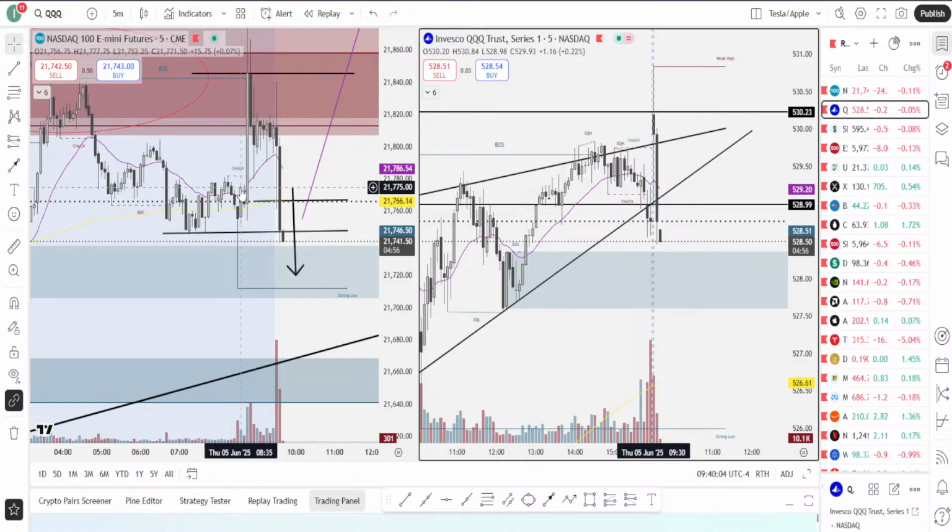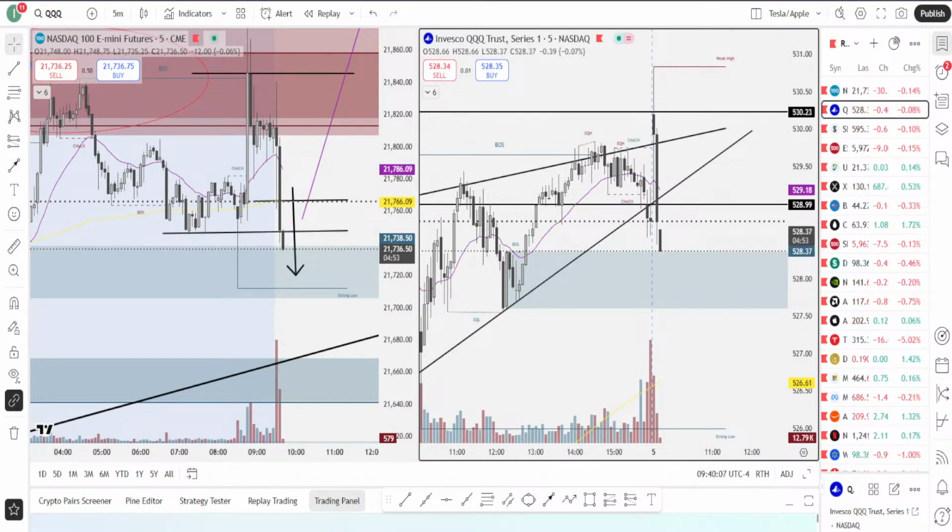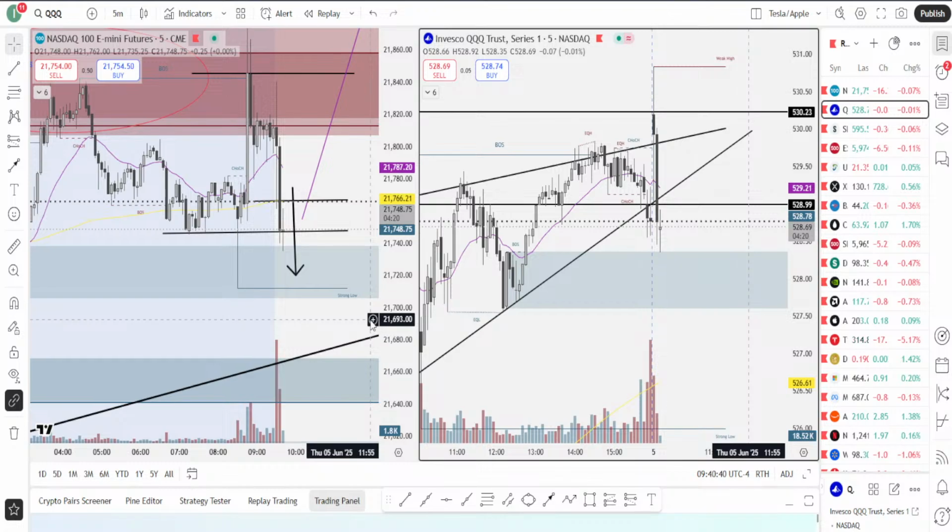We broke out of this range, this first candle range. And yeah, it's looking good.